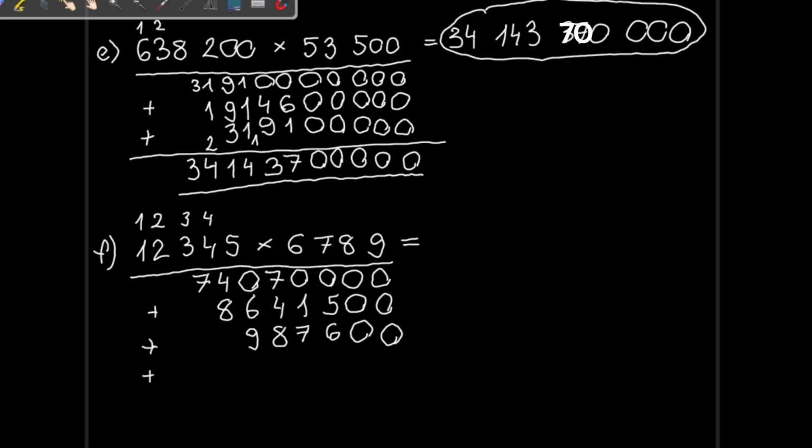One more. Number 9. 9 times 5. That's 45. 45. 9 times 4 is 36 plus 4 is 40.